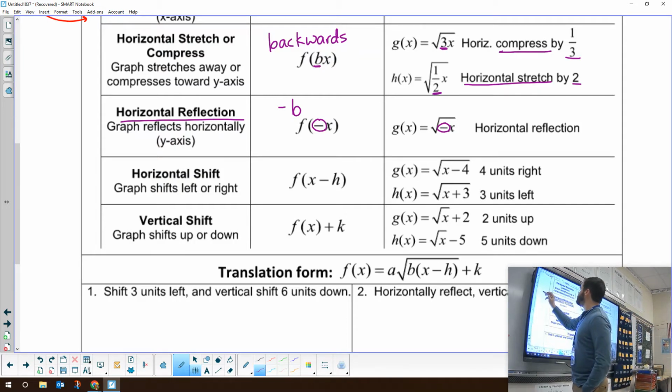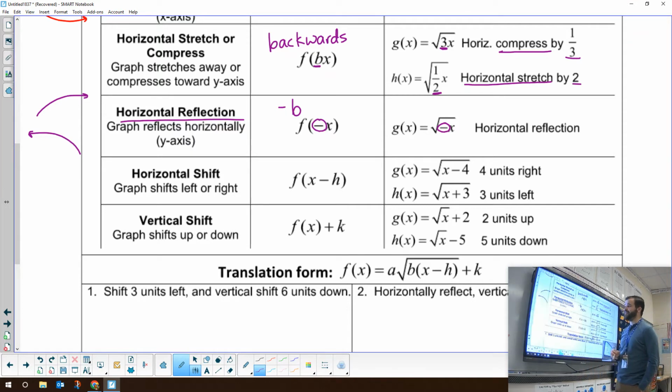Well, we're used to having a normal graph like this, right? Well, a horizontal reflection would take my graph and send it the other direction, like that. Okay? So a vertical reflection flips it from here to here. A horizontal reflection flips it from here to here. So it turns it like that.